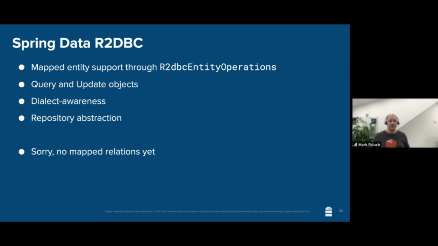In R2DBC, your central class and central entry point is R2dbcEntityOperations. And this is pretty much the foundation for everything that is happening within Spring Data R2DBC. It gives you access to query and update objects that take property names and where you can specify the where clause, some update operations. Property names are mapped into column names, and the entity name is mapped into the table name.